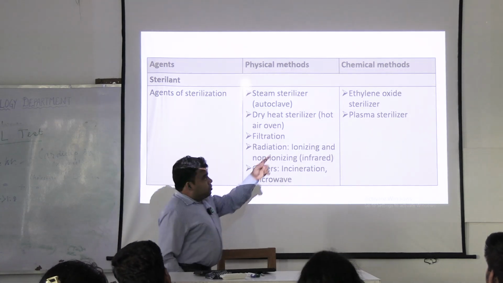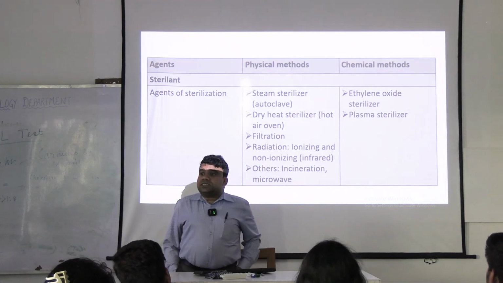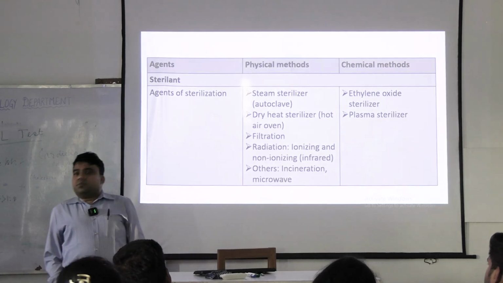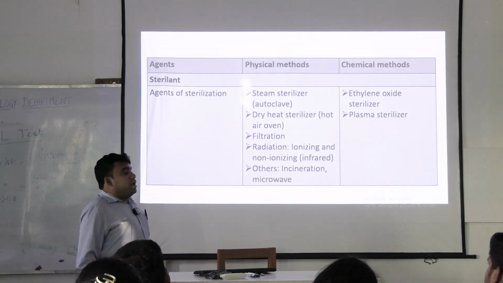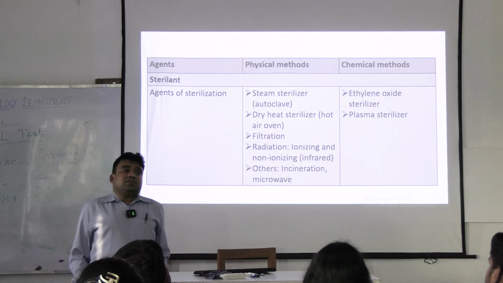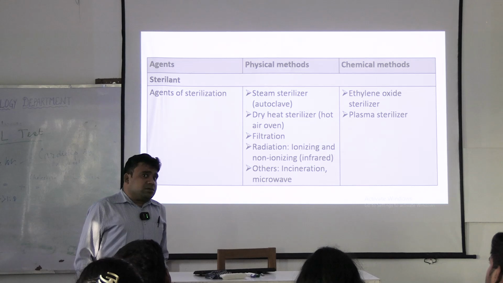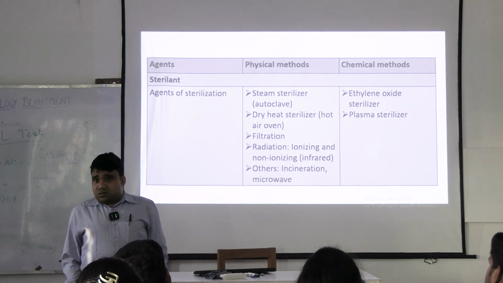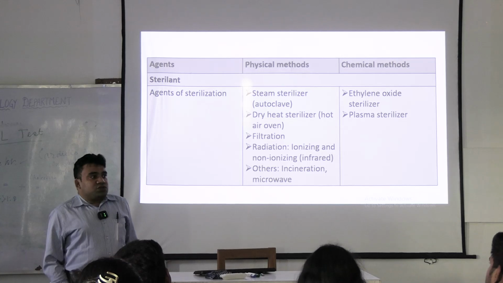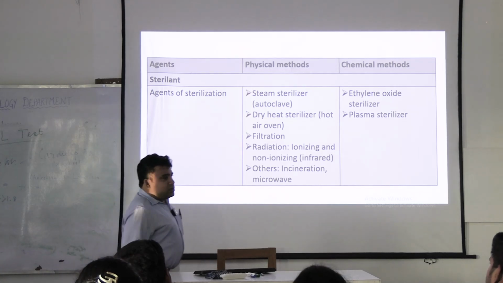Now, if you look at the chemical methods, there are two methods. First is ethylene oxide. Ethylene oxide is a chemical. I will come to it later. And finally is a plasma sterilizer. Now, when I say plasma sterilizer, please don't get confused with plasma of the human blood. Over here, plasma means it is the fourth state of matter: solid, liquid, gas, and plasma.